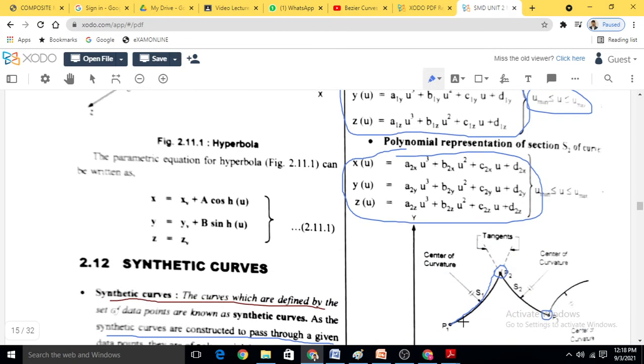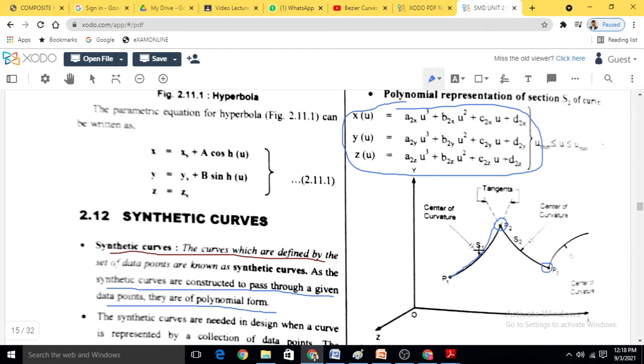But if we see here, from point P1 to P2, at P1 u is minimum and at P2 u is maximum. Now if we consider section 2, at P2 u is minimum and at P3 u is maximum.